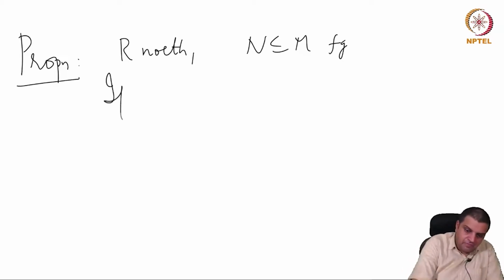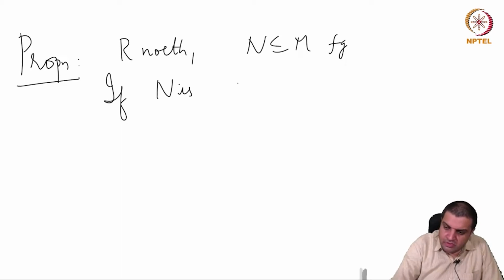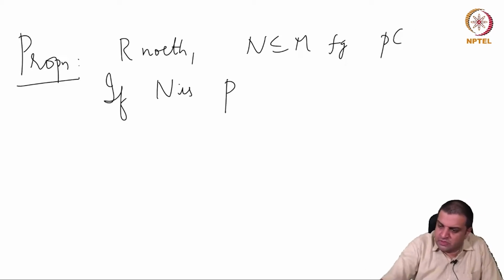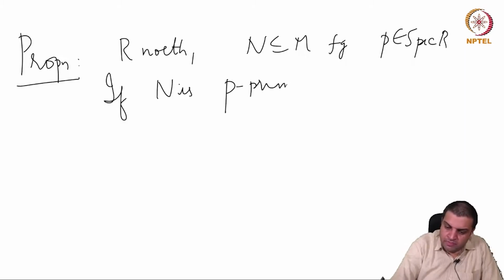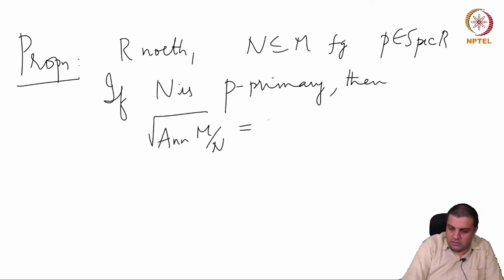If N is P-primary, so P is a prime ideal, then the annihilator of the radical is P. This we saw earlier.